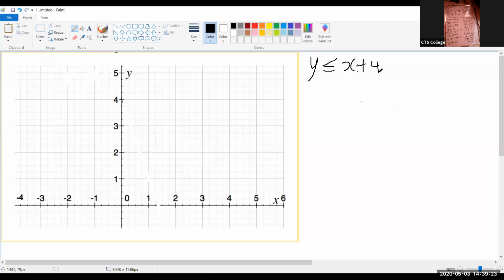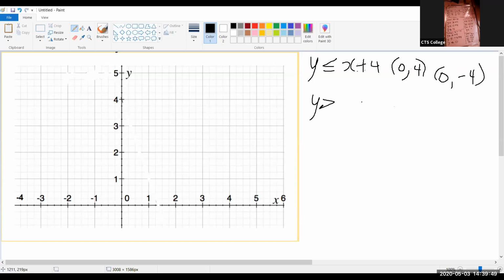What were the coordinates here? 0 and 4. No, 0 and -4. X was -4 for the next one, and this one is 0 and 4, right? Yeah, this one is X is 0, Y is 4. All right. So let's write the coordinates for the next one.